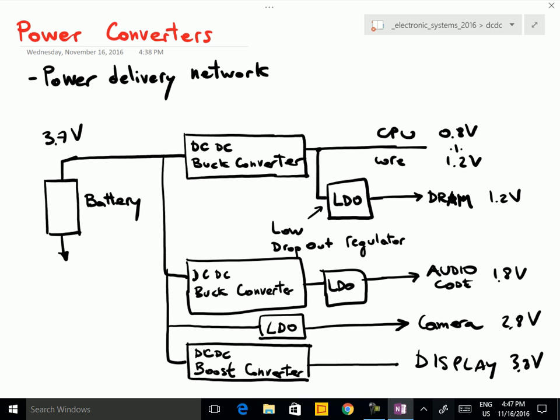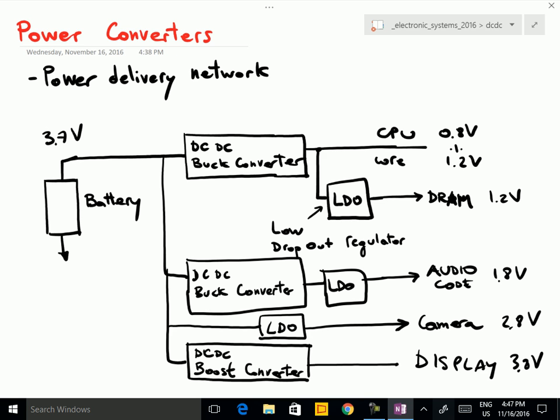Okay? And there are many of them for all the different blocks, because of course in a smartphone you have sensors, and then there is another converter to provide power supply to the sensors. You have, for example, two different cameras, and therefore you have two different converters. The reason why you have so many of them is twofold.